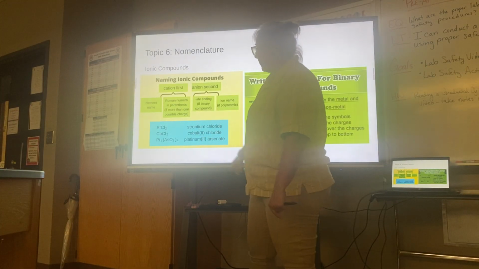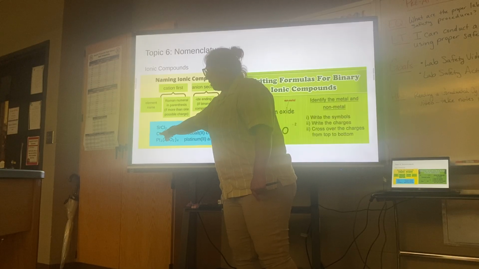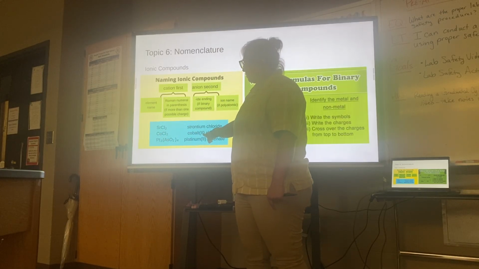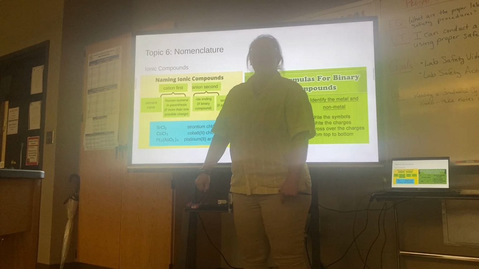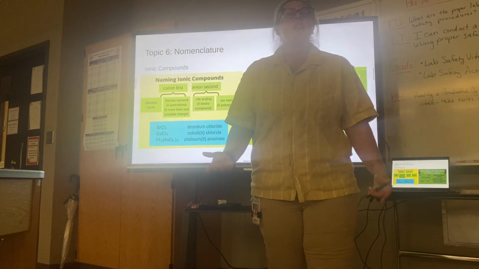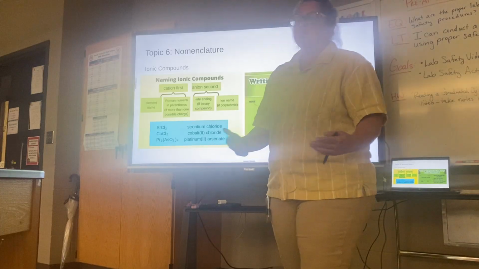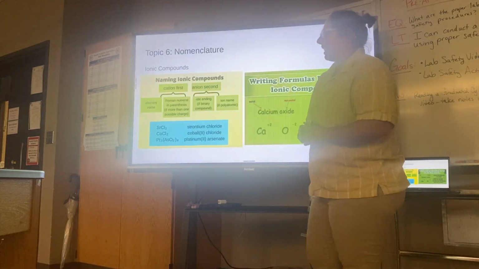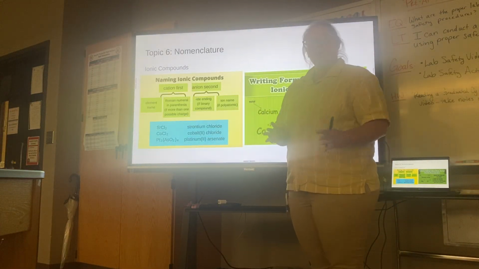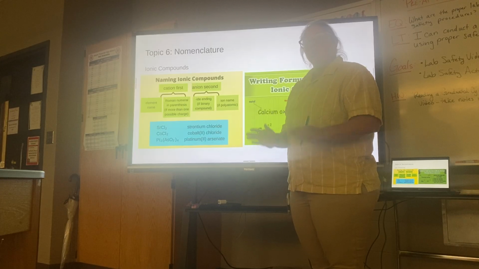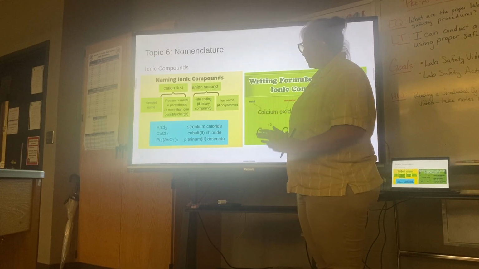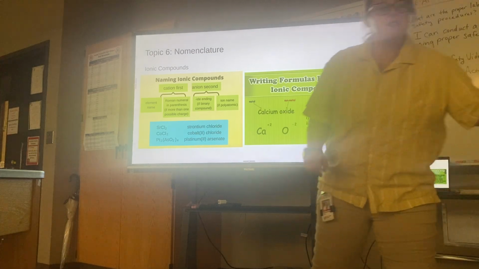So for instance here, we have cobalt(II) chloride. You might be asking yourself, how do I know it's cobalt 2? Why is it not cobalt 1? Why is it not cobalt 3? How I figure out the ending is I have to know the charge of chlorine first.